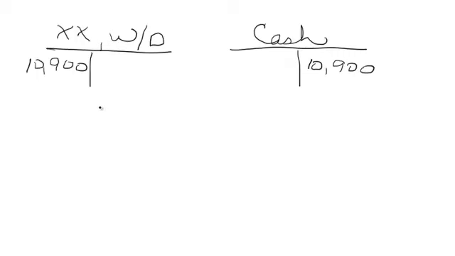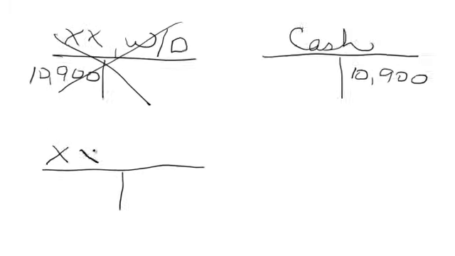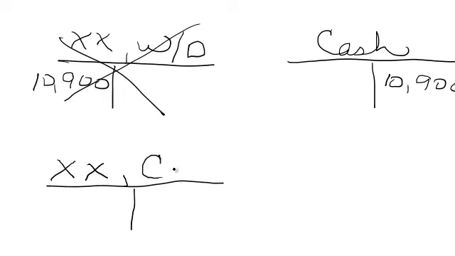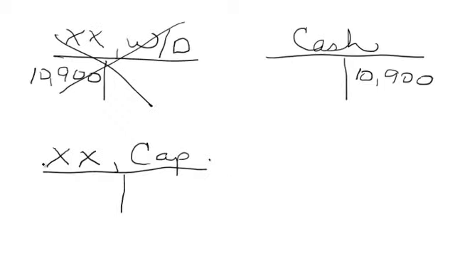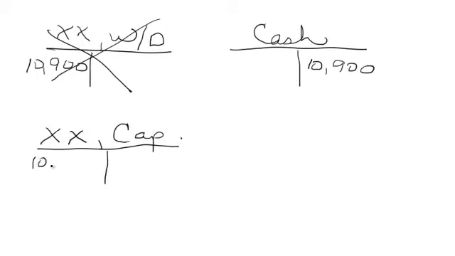Okay, so what happened? Was the withdrawals account debited? No, it was not. What was debited instead? That's right, it was the capital account. I'm going to put the name with my X's, and then I'm going to abbreviate with CAP. So instead of doing a $10,900 debit to withdrawals, we did a $10,900 debit to the capital account.